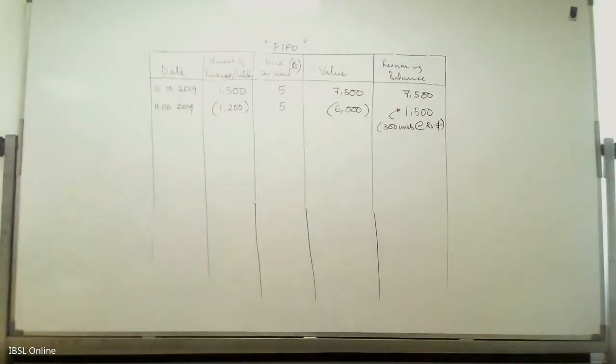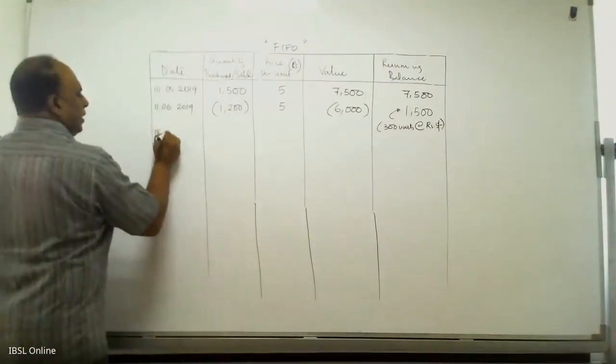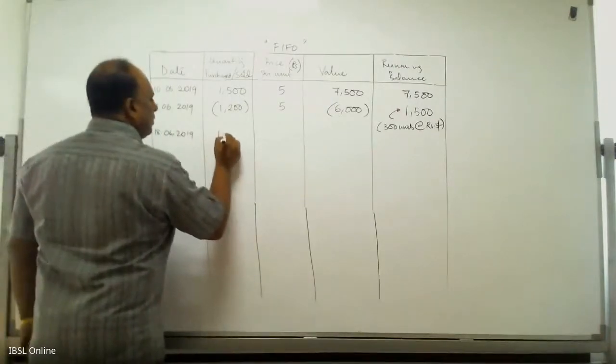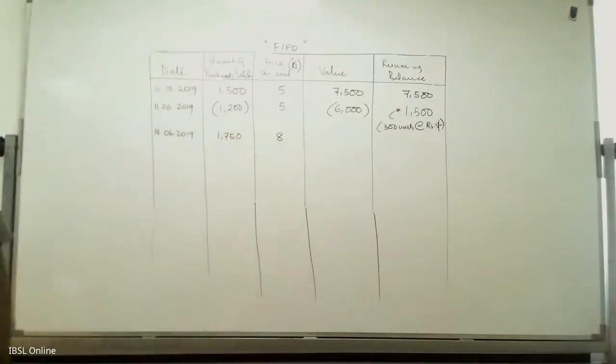Right. Now what is the next transaction? The next transaction is where they have again purchased goods on 18 June, 1750 units at 8 rupees each.